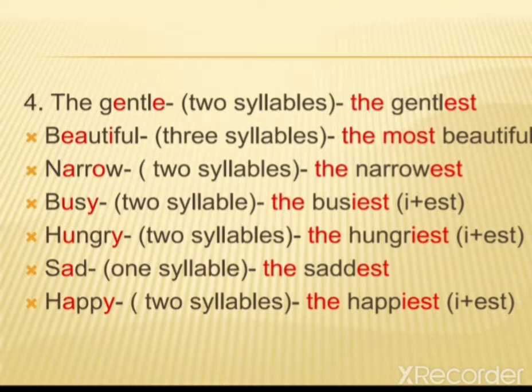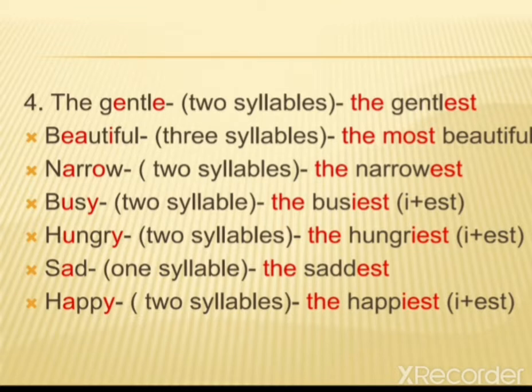So the word gentle is only 2 syllables. What about the word narrow? First of all, count the vowels. How many vowels are there? 1, 2. Because the vowels are separated with consonants, the vowels are not together. We can actually count these as 2. Narrow, 2 syllables.